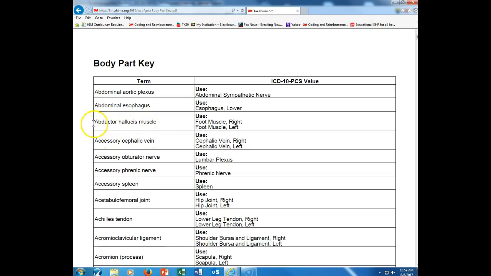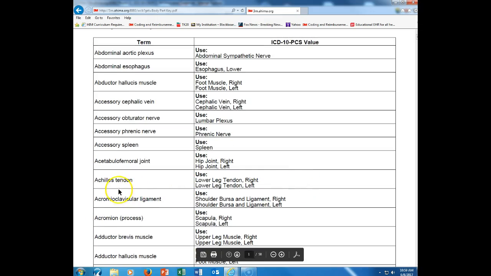For instance, if you were trying to determine what body part to use for the abductor hallucis muscle, this tells you that you're going to use the character for either foot muscle right or foot muscle left. Accessory spleen, you're going to use spleen.